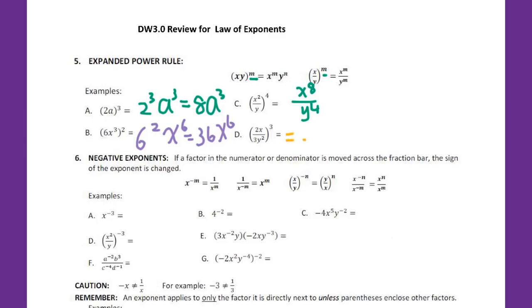For d, I got 2 to the 3rd power, x to the 3rd power, 3 to the 3rd power, y you have to do the 6th power because 2 times 3. So you will get 8x to the 3rd power, then 27y to the 6th power.